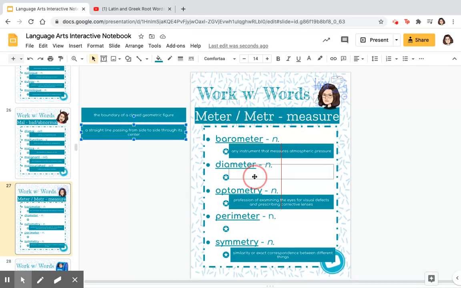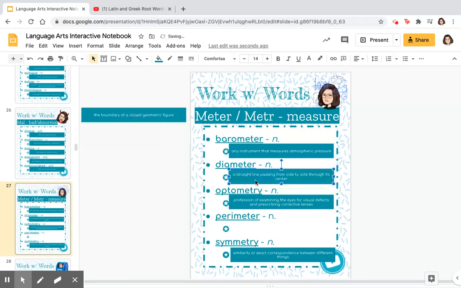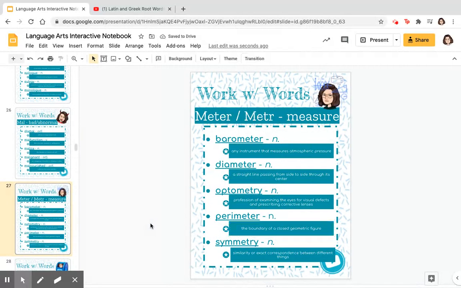No. Oh, this is how you know I don't teach math. Because it's its diameter. Which leaves the one you need to fix, the boundary of a closed geometric figure. Also, peep that word geometric. So the outline or the boundary line of a closed geometric figure is called its perimeter.